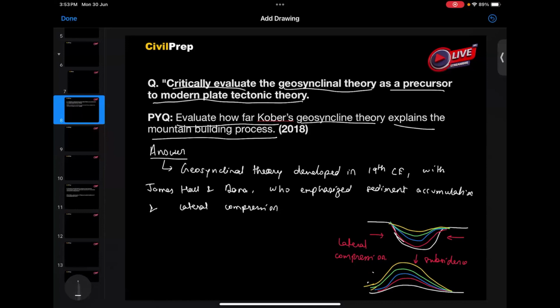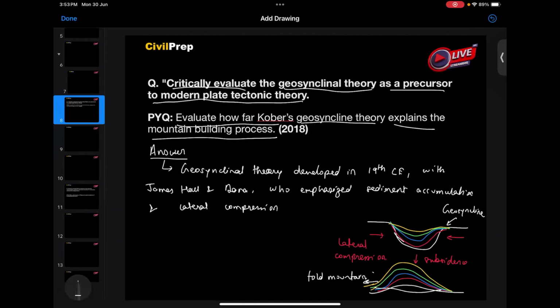So this is a geosyncline. This is also a geosyncline, but it is now a fold mountain. This is provided by Holland Dam.